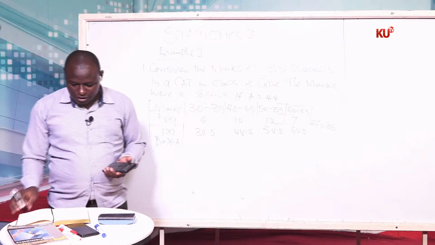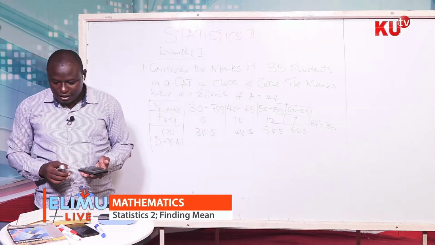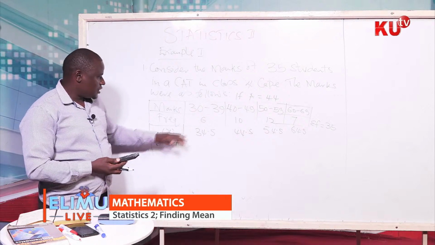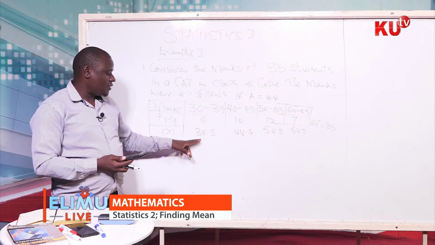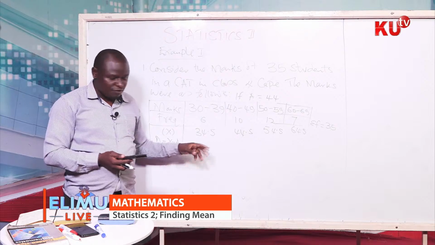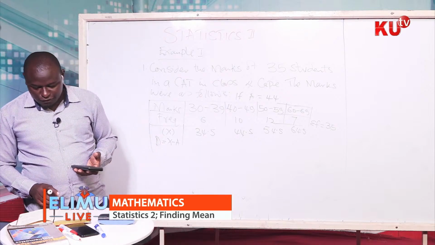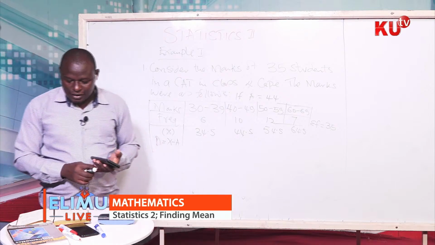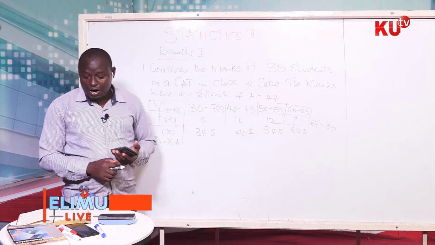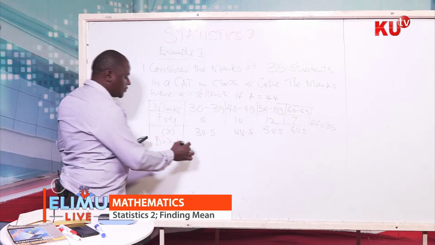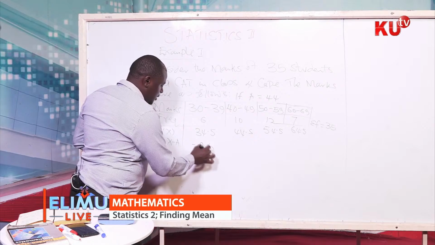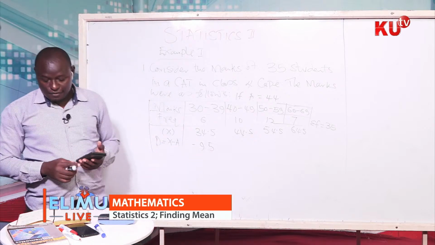Let's do it using your calculator, class. You are going to take x. X is already provided for. In our case, our first x is 34.5. So 34.5 minus 44. You are going to get negative 9.5.